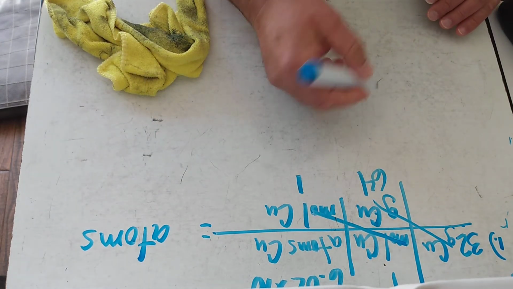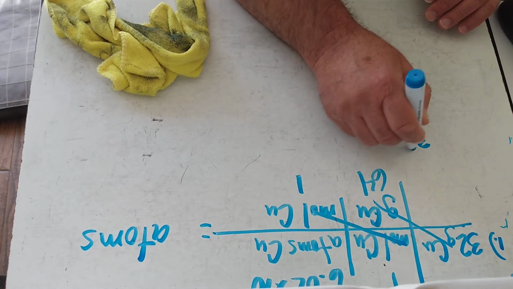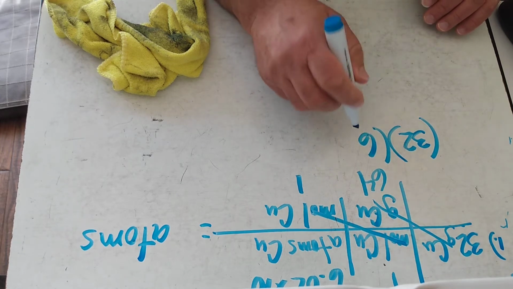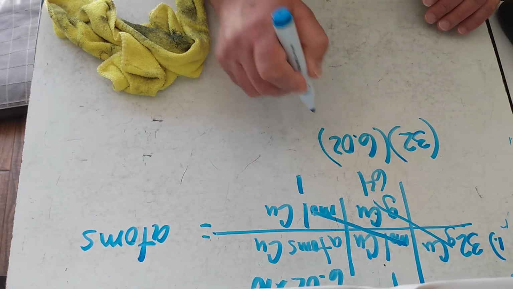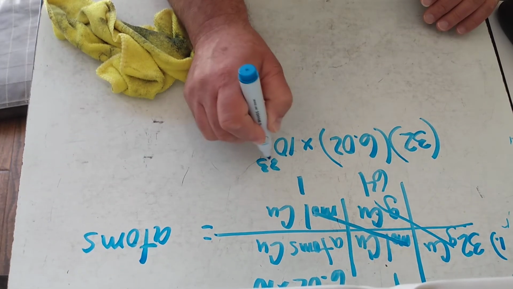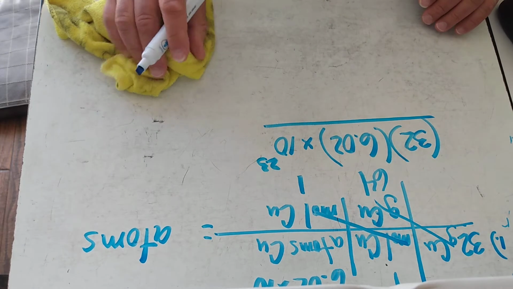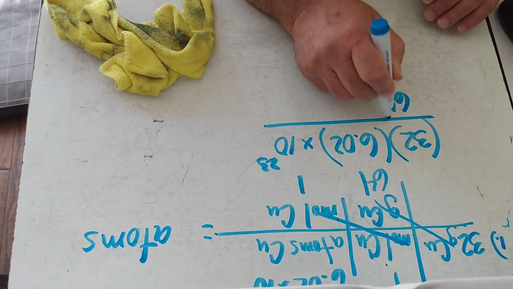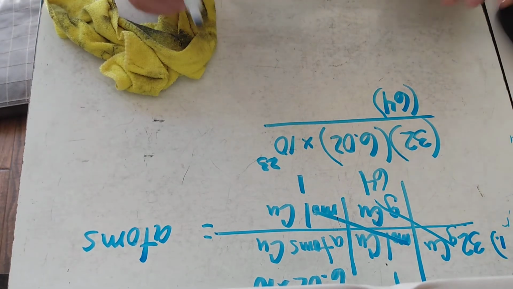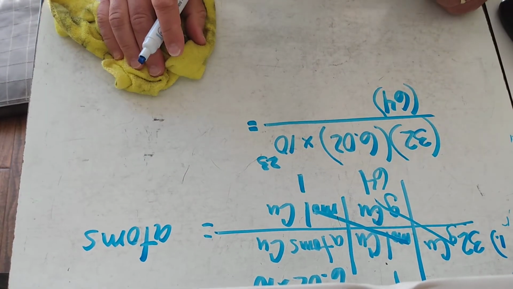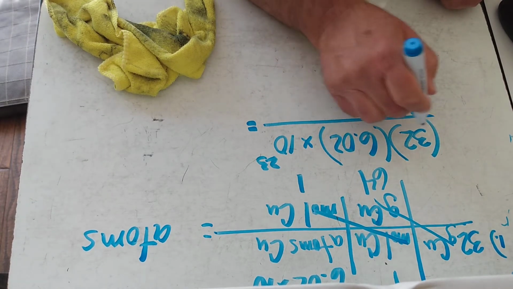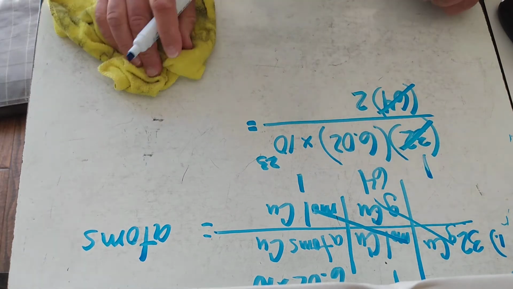So now we're going to simplify. We're going to bring our numbers down. So we have 32 times 6.02 times 10 to the 23rd, all over 64. We're not going to worry about the ones. Before anything else, we can reduce. 32 can go into 64 twice, and that becomes a 1.